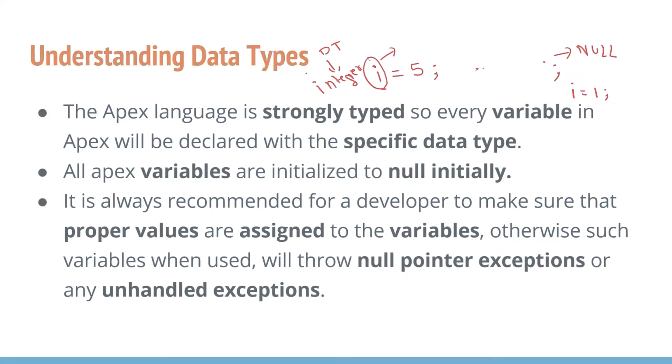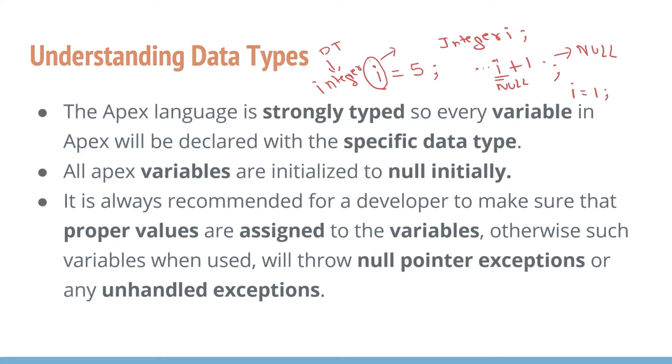It is always recommended for a developer to make sure that proper values are assigned to the variables. Otherwise, such variables, when used, will throw null pointer exceptions or other unhandled exceptions. For example, if we have integer I and you are doing some operation on this value, like I plus 1, the value of I is null, and null plus 1 will not return the value which is expected.